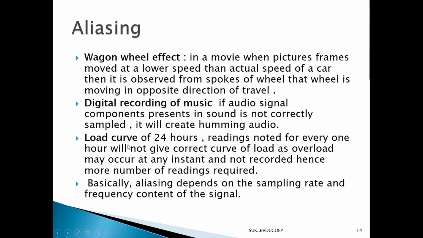Another example I will explain is electrical, the load curve. In a day of 24 hours, we note down readings per hour, say readings of current and voltage. For every 1 hour we note down a reading. But the actual readings are not recorded, because an overload may occur at any instant.